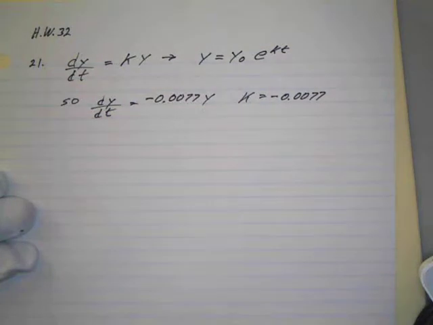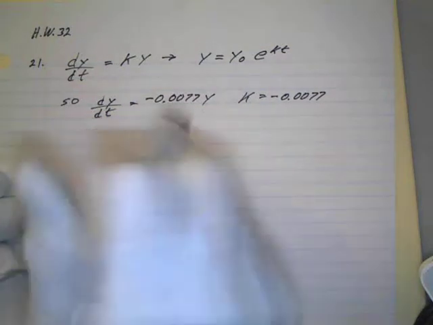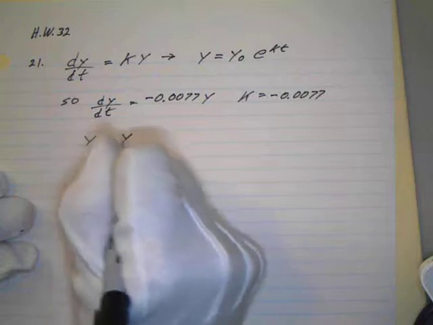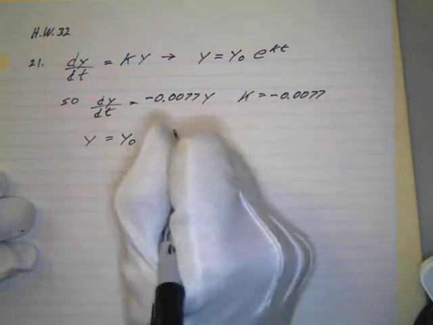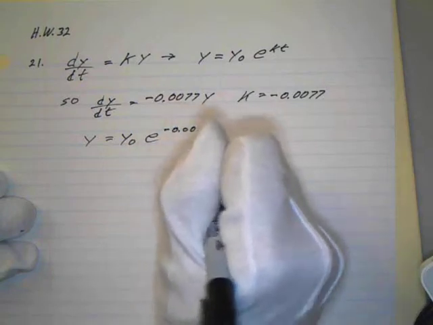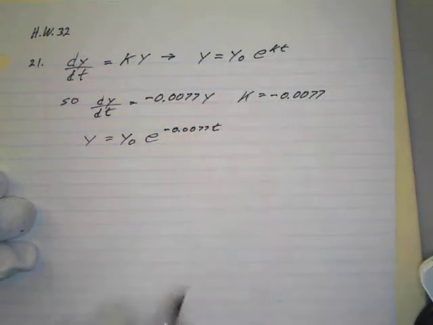And we want to find the half-life, so we can set this up now into this equation. y equals y sub 0 e to the negative 0.0077t.